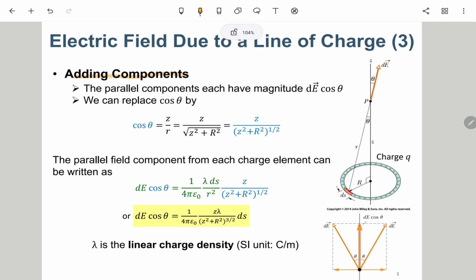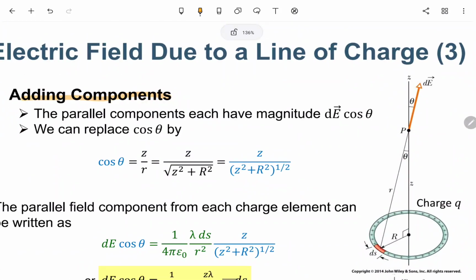Okay, so let's go to some more complicated math here. So actually, ds and then this is the angle theta. This is also theta. And here we consider this part is z equals 0.